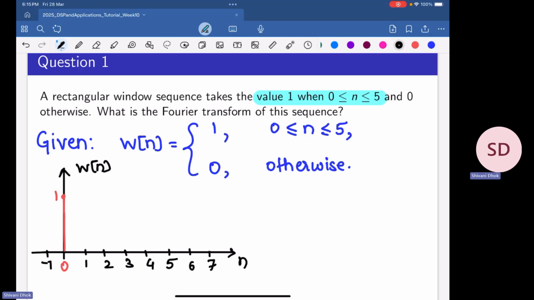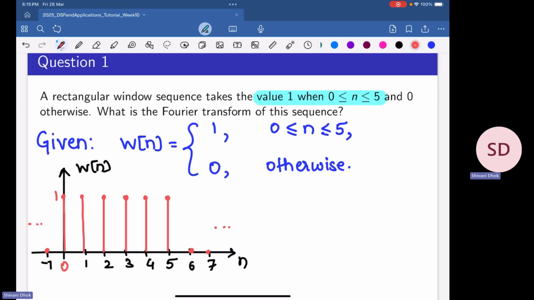And then we have minus 1 here and so on. So this is 1 for n equal to 0, n equal to 1, n equal to 2, n equal to 3, n equal to 4, n equal to 5. And it is 0 otherwise. Okay, so this is how this signal looks like.